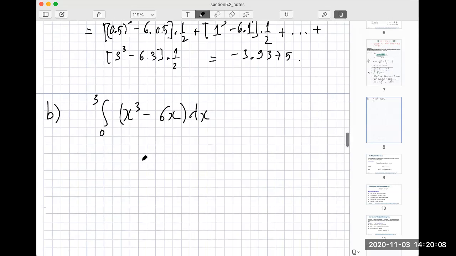And from the definition, what do we know? We know that delta x is (b minus a) over n, and b is 3, a is 0, n is the number of rectangles, which gives us 3 over n, in general.